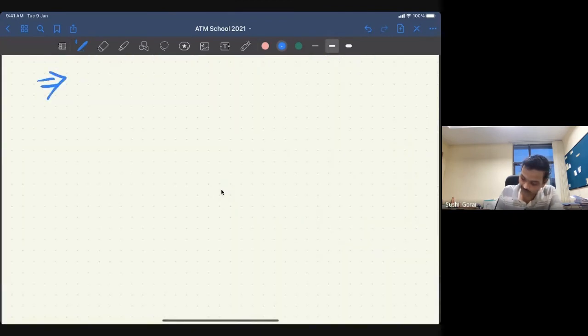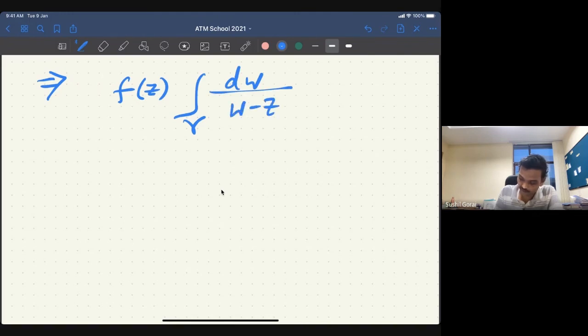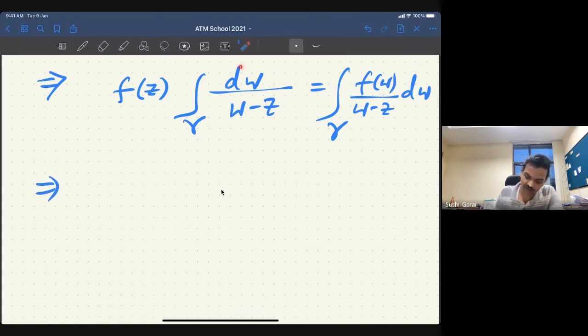This implies that f(z) times the integral over gamma of dw by (w minus z) is equal to the integral over gamma of f(w) by (w minus z) dw, right? So this part gives you the index.